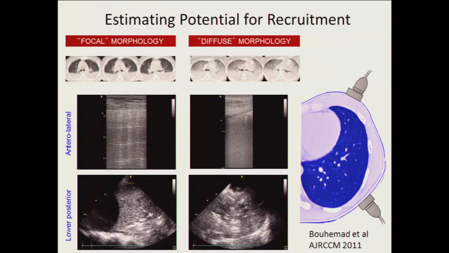And these two very different lung morphologies can be distinguished at a glance at the bedside, just putting a probe on the chest of your patients. On the left of this slide, you have a focal morphology, whereas on the right, a diffuse loss of aeration.